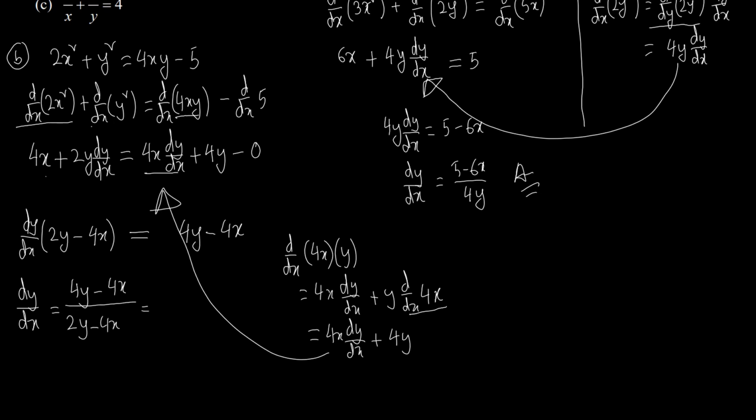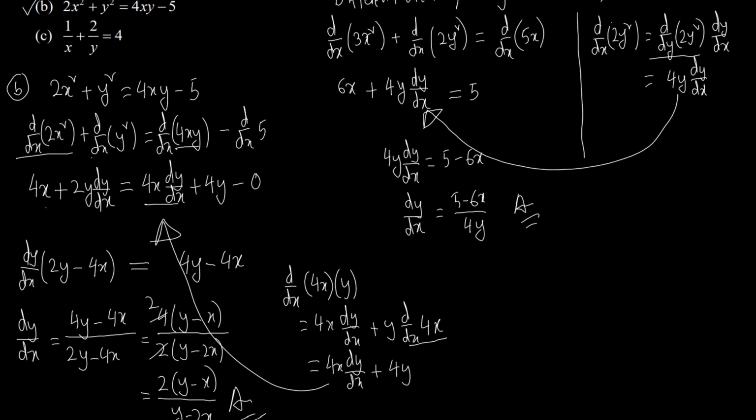We can take 2 common and cancel. Taking 4 common from the top gives y minus x, and from below taking 2 common gives y minus 2x. So we can cancel 2. Our final answer is 2 times y minus x over y minus 2x. This is our expression of dy by dx.